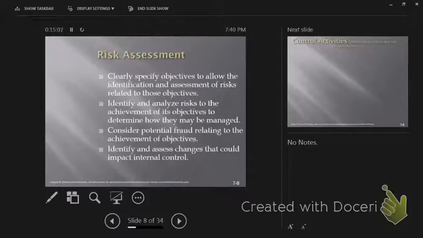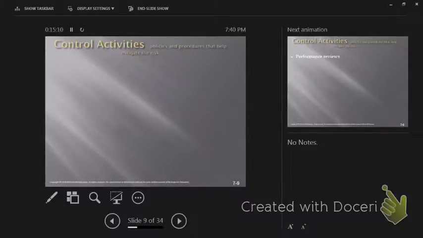Consider how fraud could relate to it, and then identify any other changes that could impact the internal control environment. Now, control activities are policies and procedures that can help mitigate the risk. So we went through and said, okay, here's what our risks are.